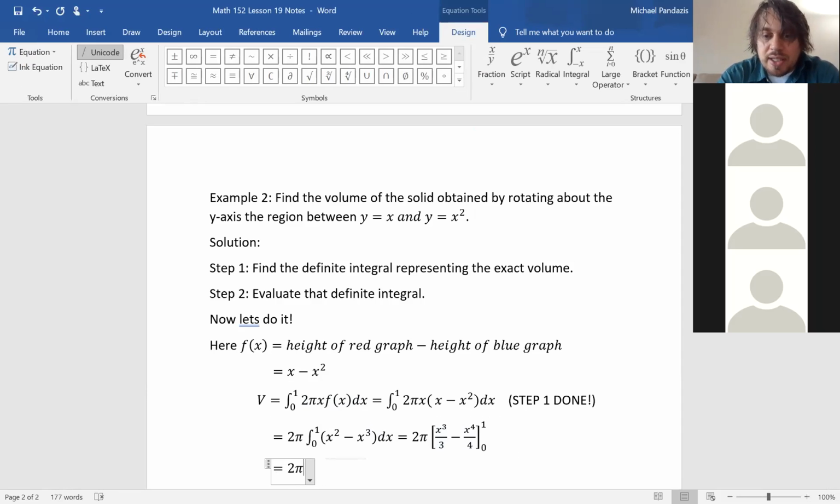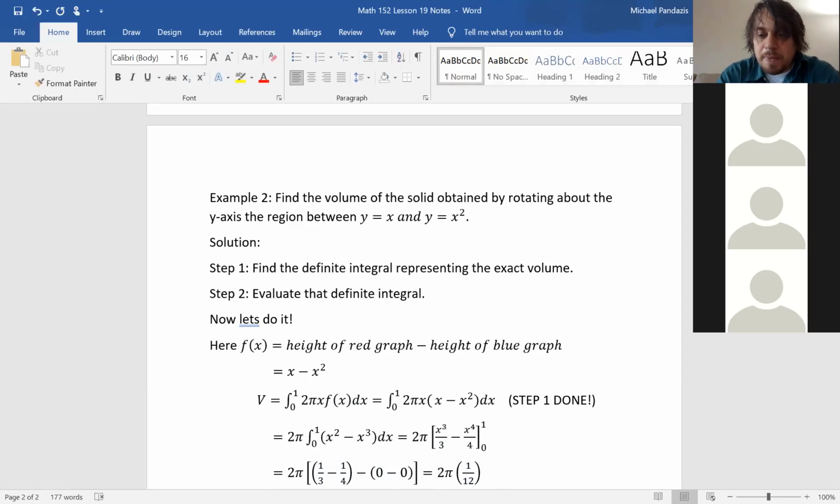Okay, and so then that's equal to 2 pi times the difference between these 2 values. So when you plug in 1, you get 1/3 minus 1/4. And when you plug in 0, you get 0 minus 0. And so you get 2 pi times 1/3 minus 1/4, which is 4/12 minus 3/12, which is 1/12.